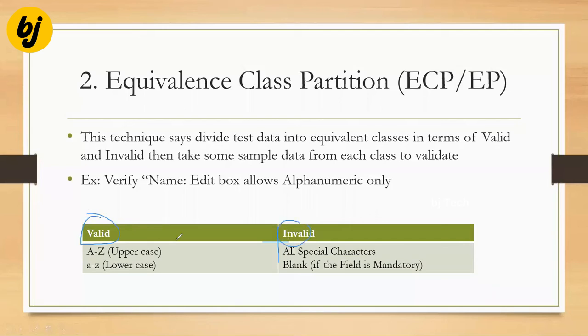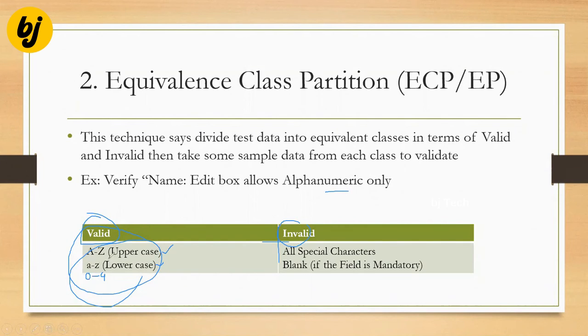So what is valid here? Alphanumeric, they said. We can go for A to Z uppercase, A to Z lowercase, and not only that, 0 to 9 also. So if I take any combination of these values and enter it, it should accept.